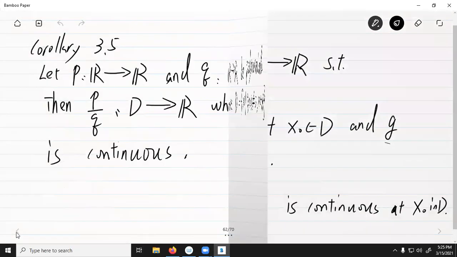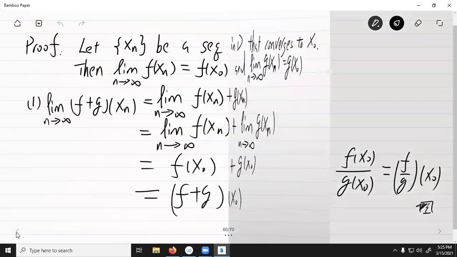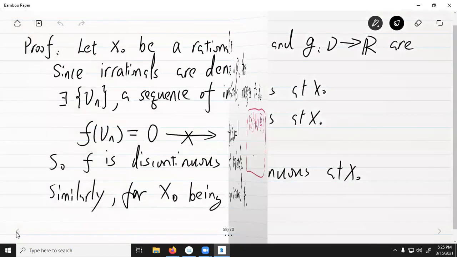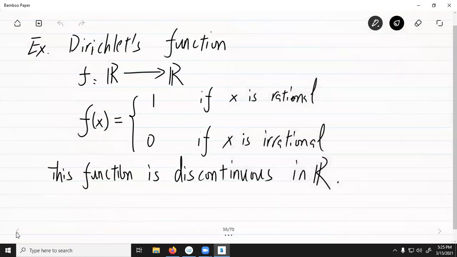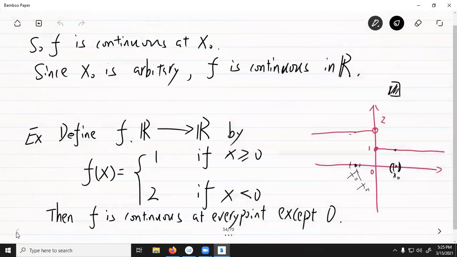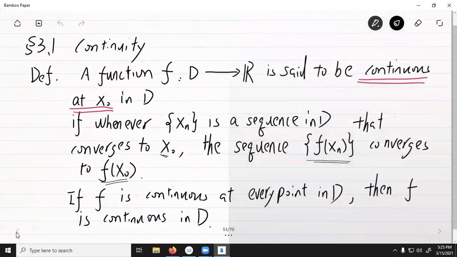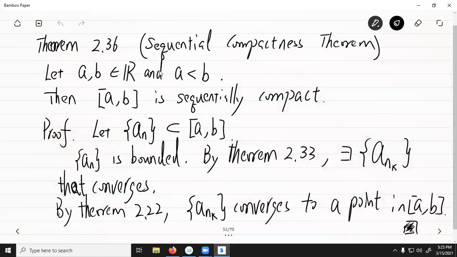It should be in chapter 2. Yes, this is sequential compact. It says the closed interval is sequentially compact.